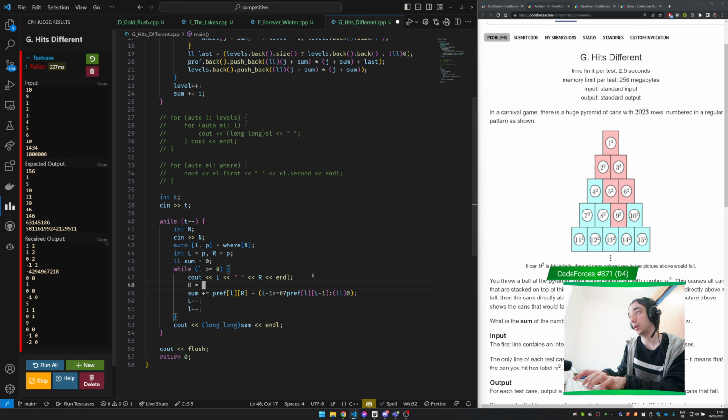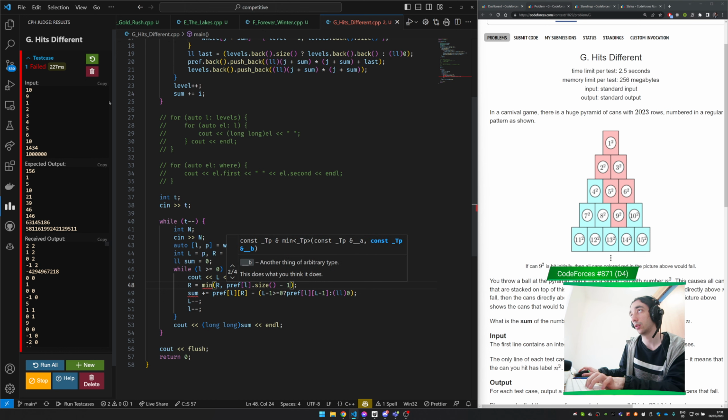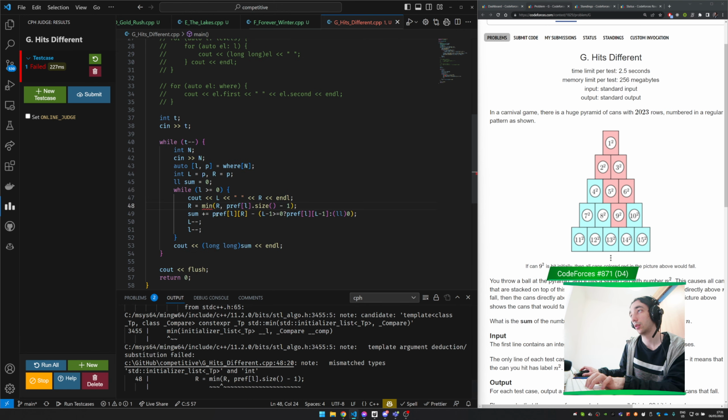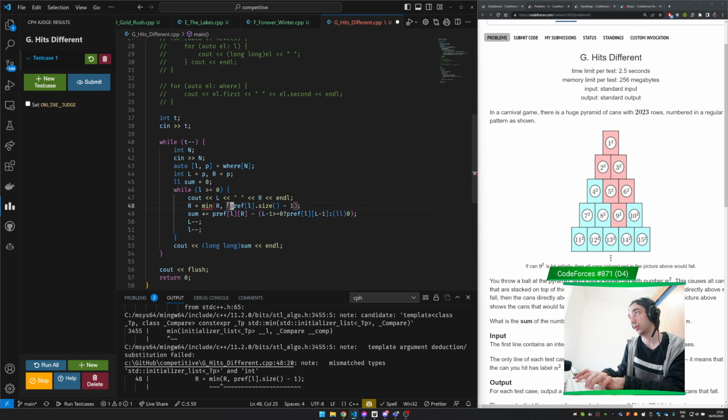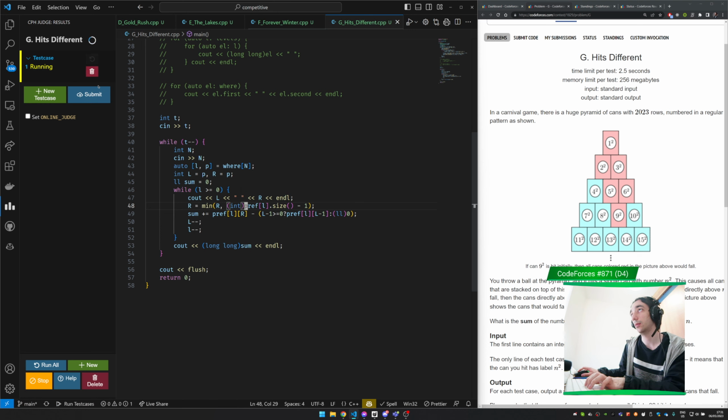And also R is the minimum of R and prefix of L dot size minus 1. Come on, whatever, minimum function.